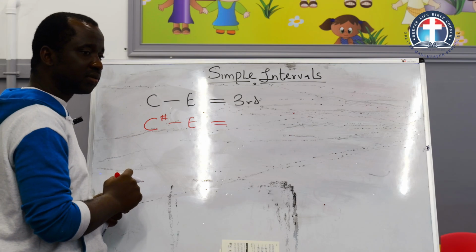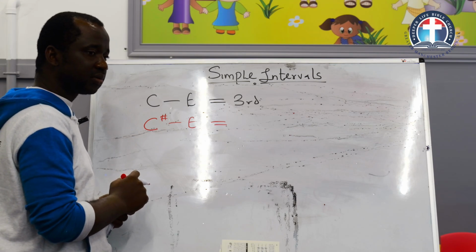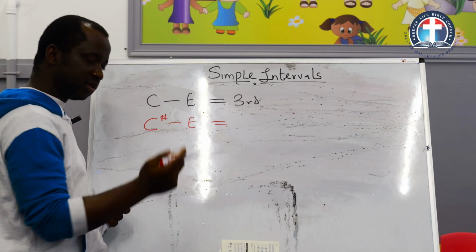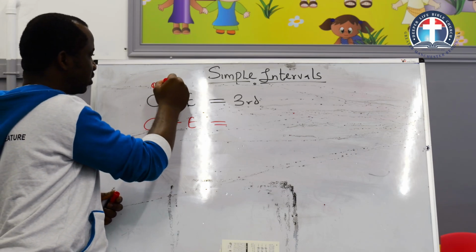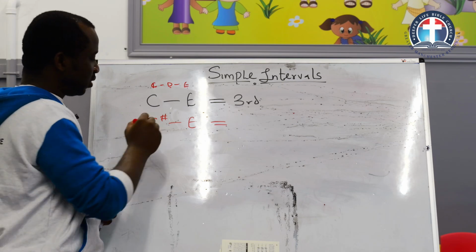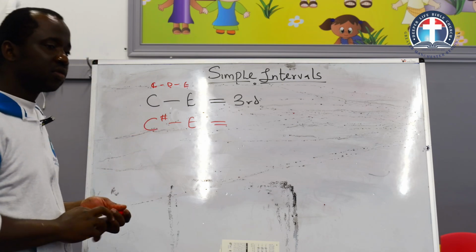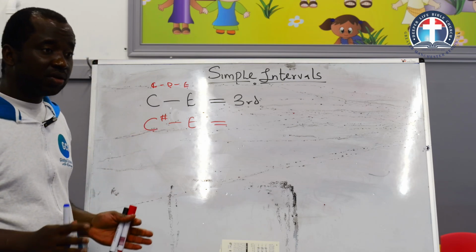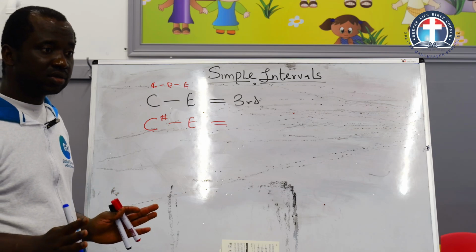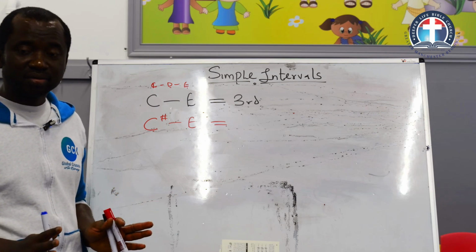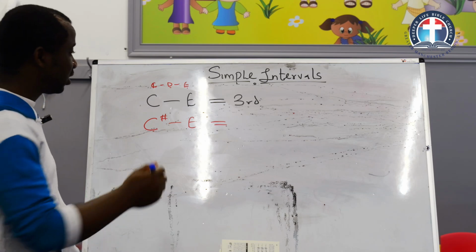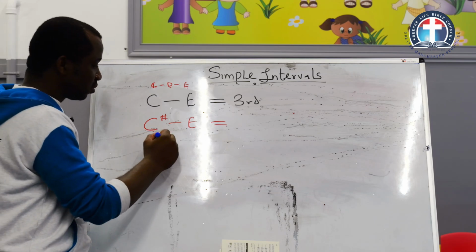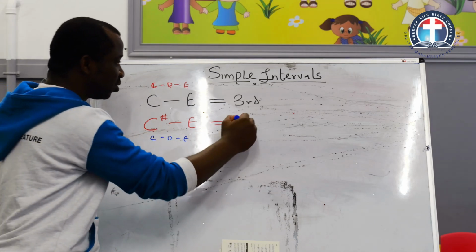How is it counted? C, D, E. 1, 2, 3. Now for this, it is the letter you count. Forget about the accidentals, because you're only dealing with number. You're just dealing with the number, it's the letter. So what letter do you have here? C, D, E. So it's still a third.